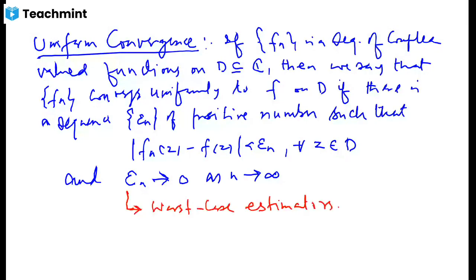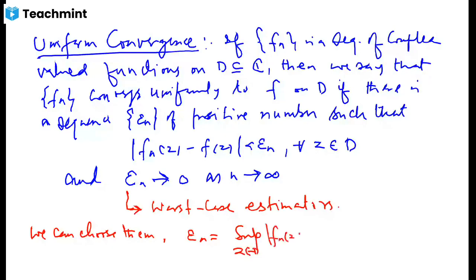We can also choose them as epsilon n equal to the supremum over z in D of |f_n(z) minus f(z)|.